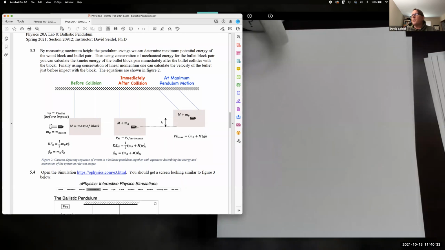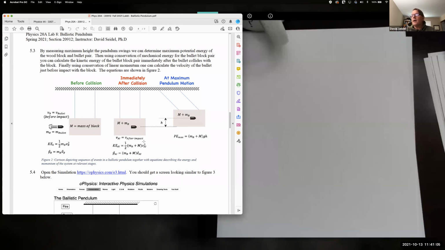So we have the bullet-block pair, the center of mass, and it rises to some height at the maximum height of the pendulum. So at maximum pendulum motion, it's reached some height, and our potential energy max equals the mass of the bullet plus the mass of the block times g times h, and that has to equal 1/2 the mass of the bullet plus the mass of the block times the velocity after impact squared.